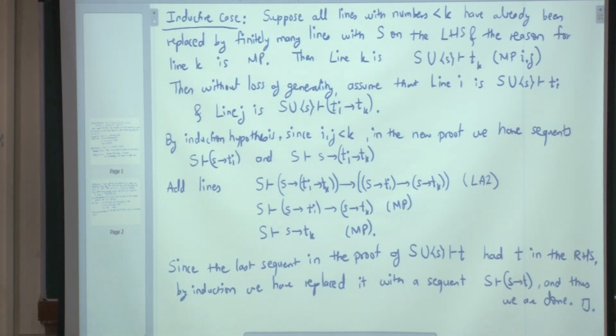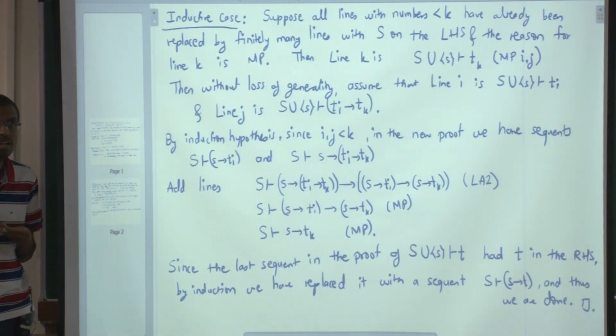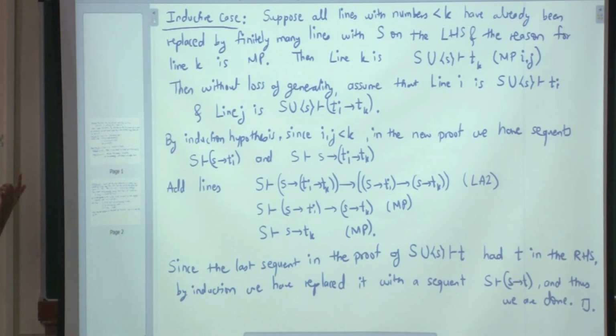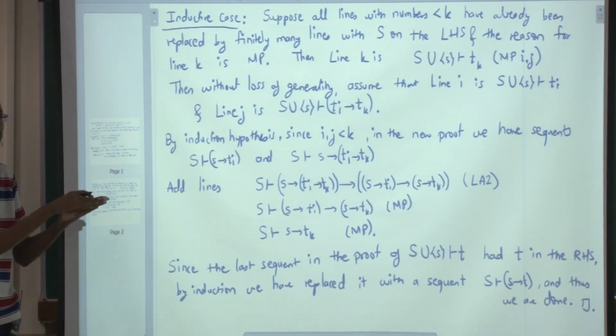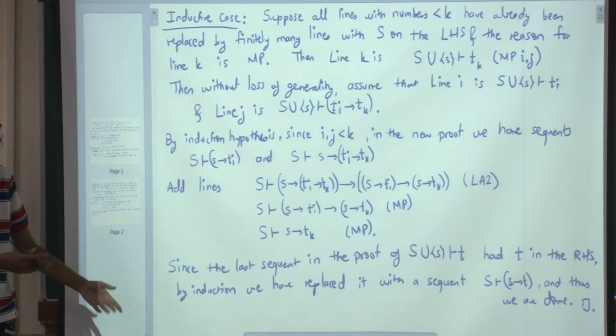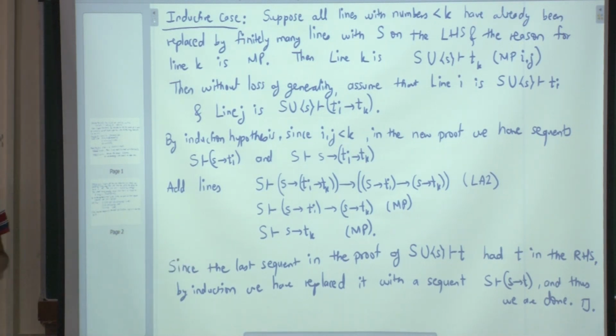This last line is also equally important, because what did we want to show? We wanted to show that capital S proves small s implies T. Because that was the last line, and because we have converted every single line, we have also converted the last line. So we have this sequent as we need, and until then everywhere the left hand side was capital S. So we have actually obtained a proof of little s implies T from capital S.